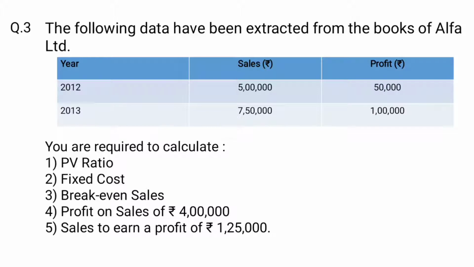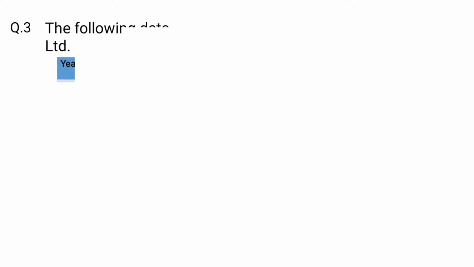So in the given table, the sales amount and profit amounts are given for the year 2012 and 2013. You are required to calculate first PV ratio, second fixed cost, third break-even sales, fourth profit on sales of rupees 4 lakh, fifth sales to earn a profit of rupees 1,25,000. So let us start with the solution.